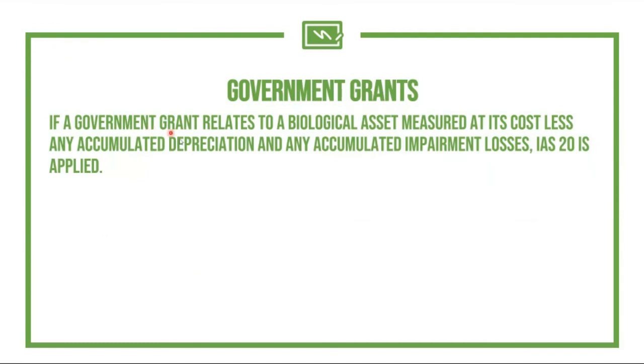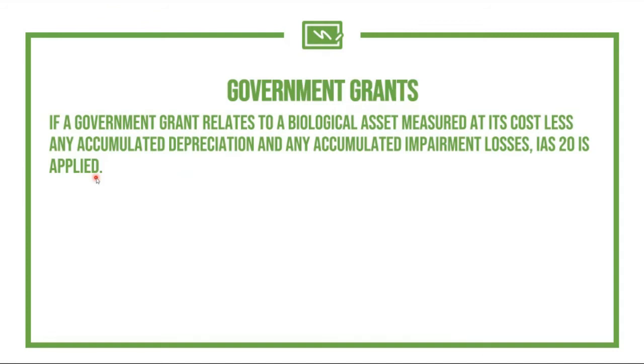And then if a government grant relates to a biological asset measured at its cost less any accumulated depreciation and any accumulated impairment loss, IAS 20 is applied. This means that there is a possibility that the biological asset granted to us is not really an item that is for sale.